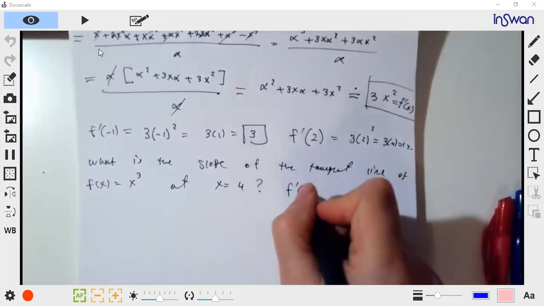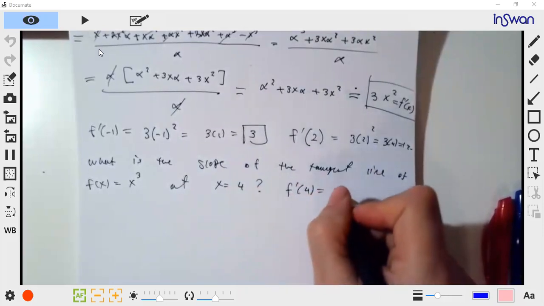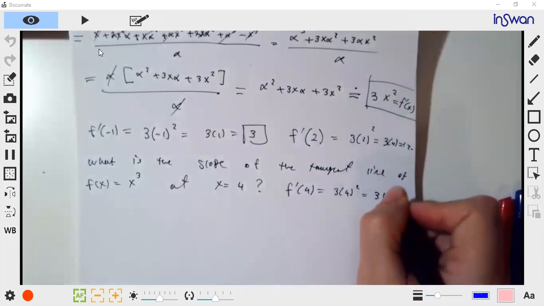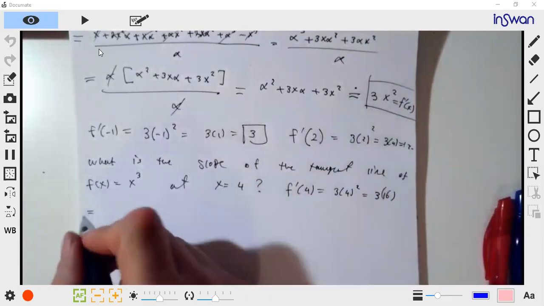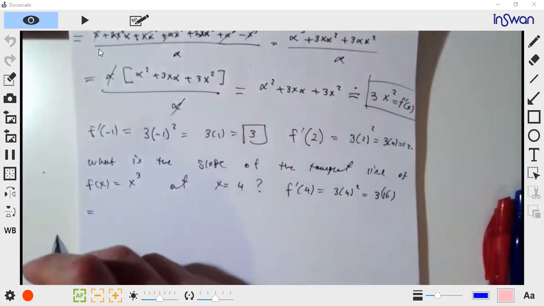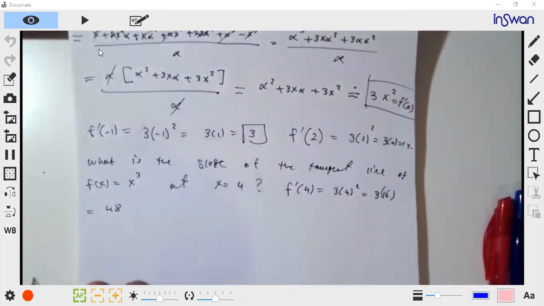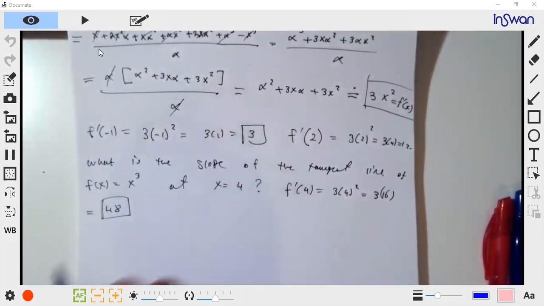Well, that's just f prime of 4, guys, which is just 3 times 4 squared, which is just 3 times 16. Oh, this one is hard. 32 plus 16, that's 48. All right, I believe that's enough examples of doing that.